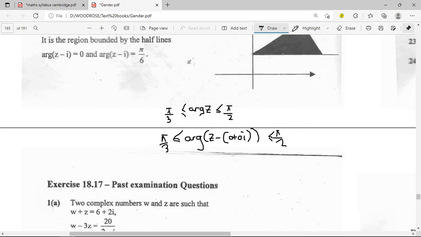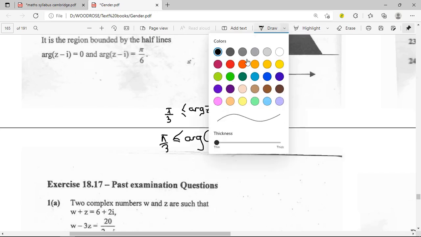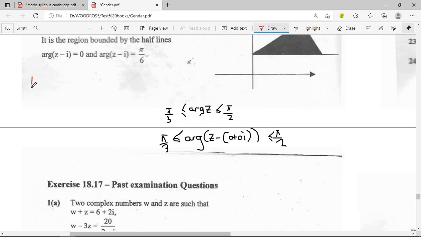So now let's go to the Cartesian plane. We are now on the Cartesian plane. We want to sketch. Here's our x. Here's our y. Then z1 is the origin. So this one is our z1.